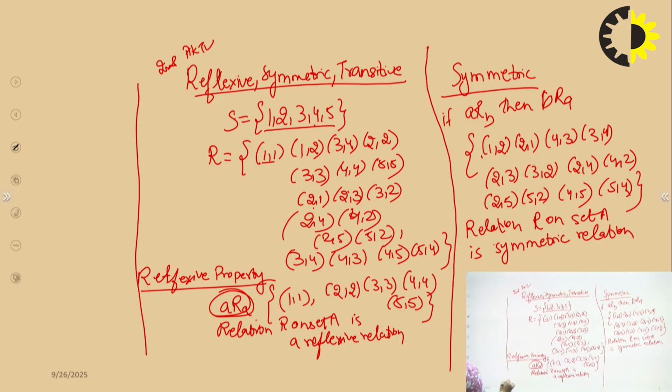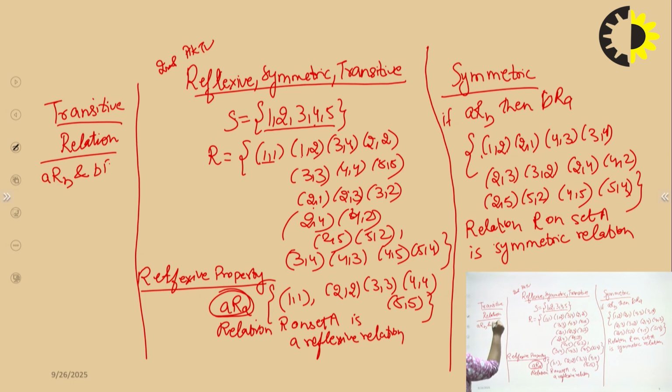Now we check for the transitive relation. The transitive relation says if aRb is there and bRc is there, then aRc should be present.